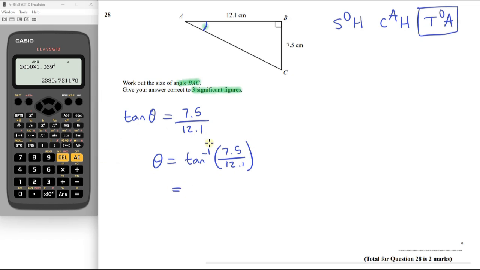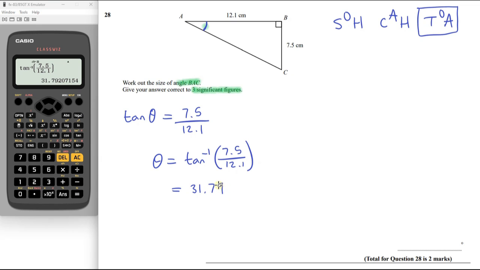So I'm going to put all of this into a calculator. To work out the inverse tan, you do shift tan. And then in our brackets, we've got 7.5 divided by 12.1, and then close brackets. And we get 31.79.